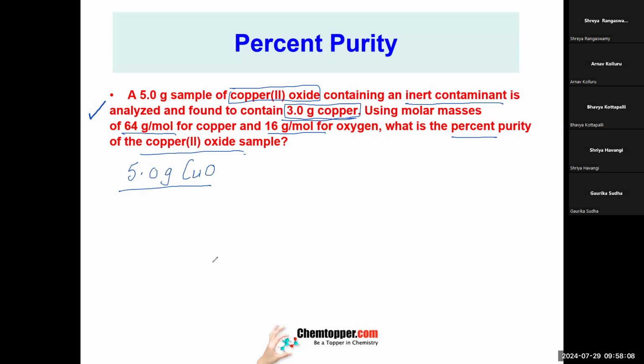It is impure. See, it says containing an inert contaminant. Contaminant means some impurity is there. So it means all 5 gram is not copper 2 oxide. Something else is also there. We don't know how much that is. So is the first line clear, Arnav?